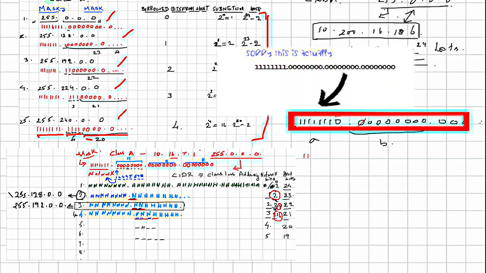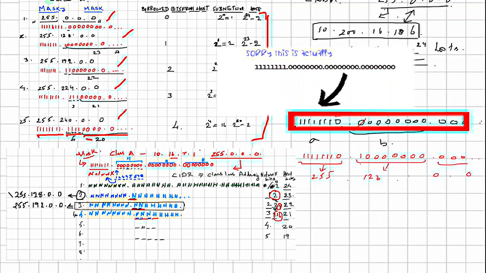So after adding the 1, it looks like this, dot 1 0 0 0, and the remaining are all zeros. If you convert this binary into decimal, this is unchanged, and this is 128, so 255.128, and the remaining are all zeros.